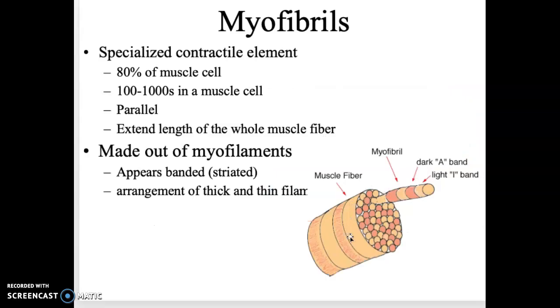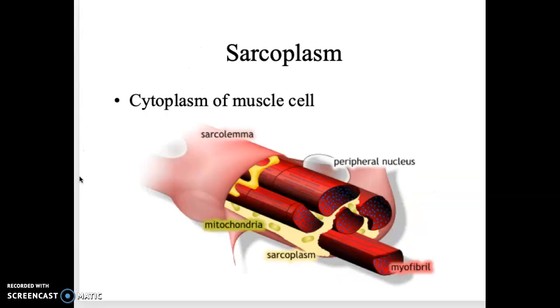Myofibrils are these contractile units. They're made out of myofilaments, the thick and thin filaments. This is the bulk of muscle cells. You'll have a bunch of these all running parallel to each other, extending the whole length. We'll go through the different filaments later. Sarcoplasm is the cytoplasm of a muscle cell. You can see it here in yellow.